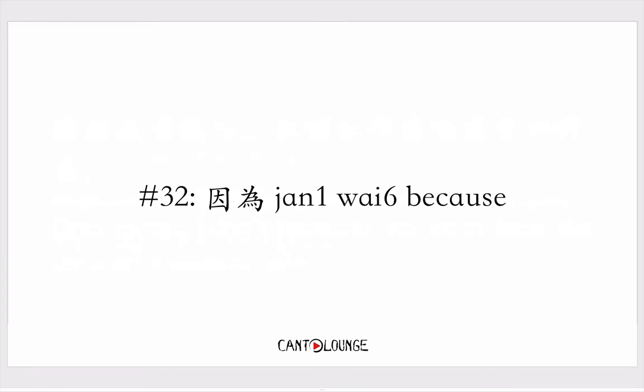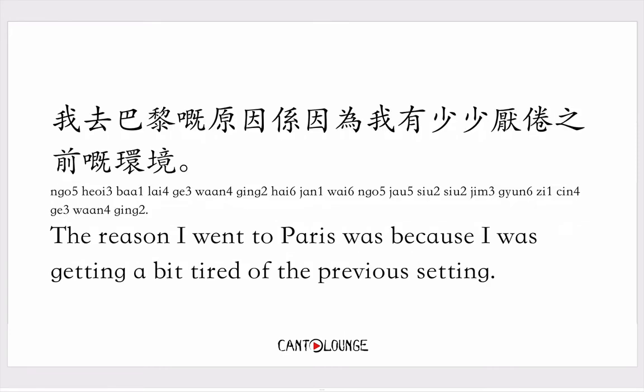Moving on. 因為 because. So someone might be asking why you wanted to move. You just arrived in Paris, and then you're getting a little bit deeper into the conversation and you might say 我去巴黎嘅原因, or maybe if you're in Paris, you're saying 我嚟巴黎嘅原因係因為我有少少厭倦之前嘅環境, right?